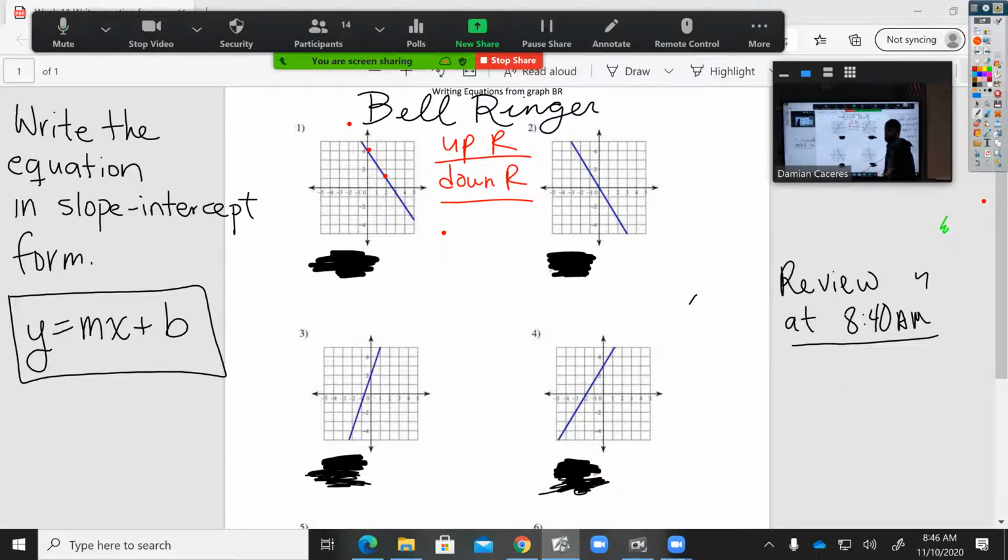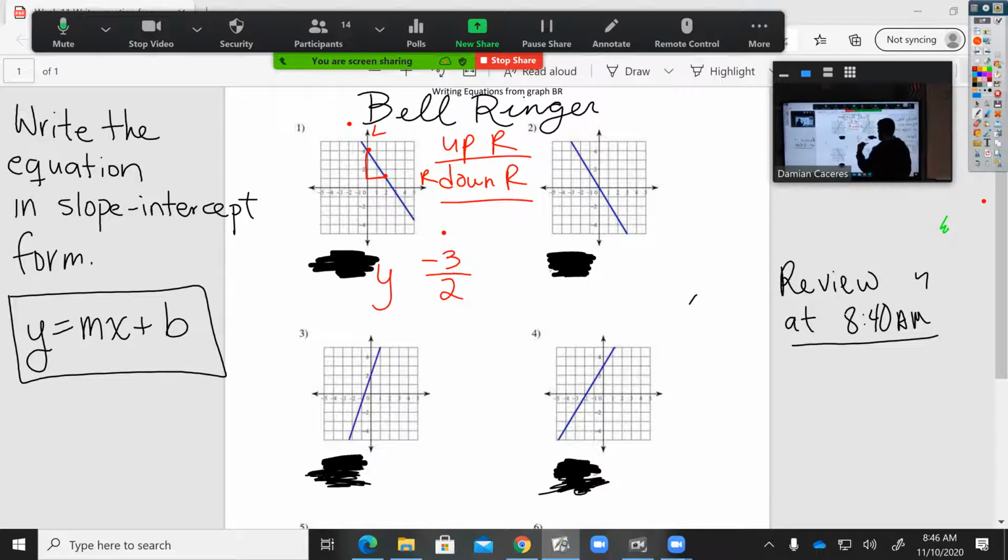Those are the only 2 directions you're going to go. So in order to go from the left point to the right point, we have to go down and right. Now, how many boxes did we go down? Three boxes down. So negative 3 is the rise, and then we run positive 2.